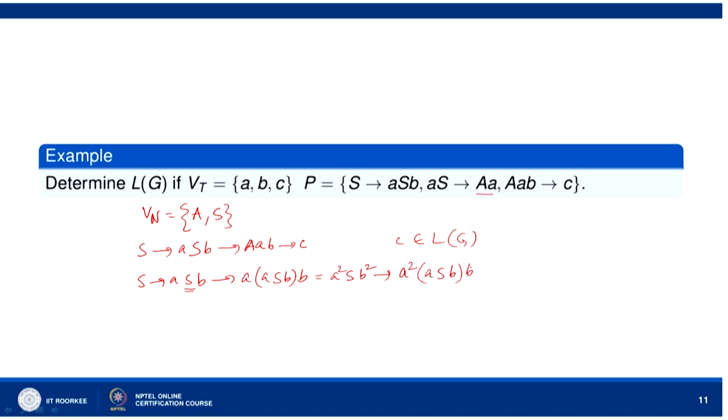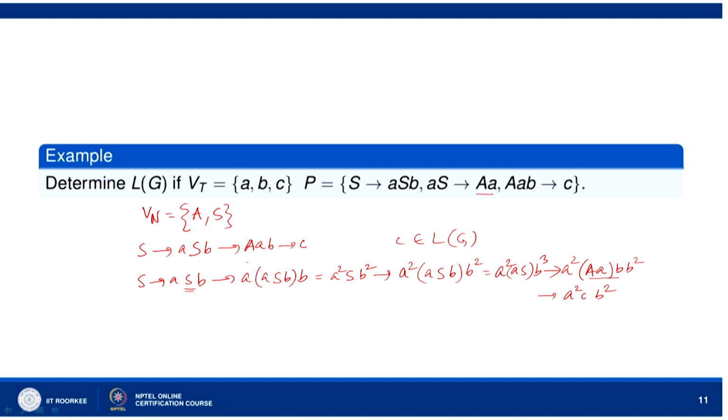Then this will be a cube, or I can write it as, because I need to have one a S, a square a S b cube. So, a S now goes to a, so a square a a b square. Now, a a b goes to c. So, this goes to a square c b square.